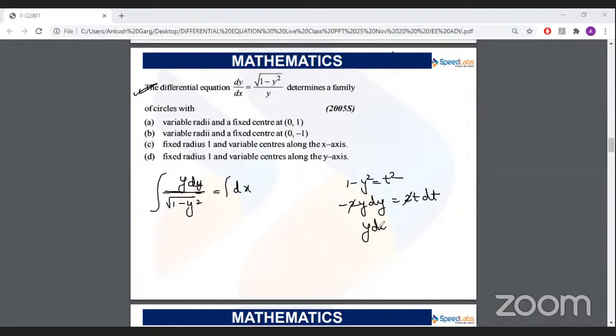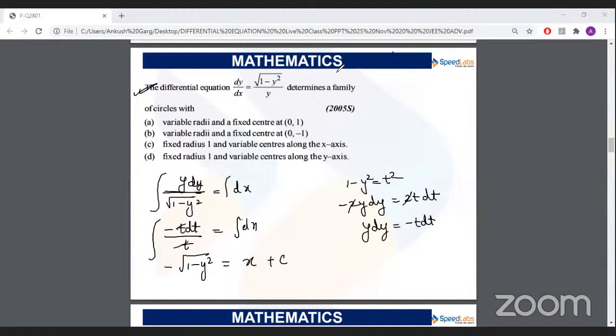So you're getting y dy as minus t dt. So this will become minus t dt upon under root of t square, that is t, equal to dx. So t and t are gone, minus dt, the integration will be minus t. That will be minus under root of 1 minus y square equals x plus c. Okay, this is what we are getting.